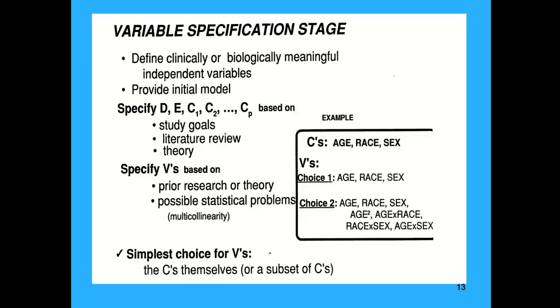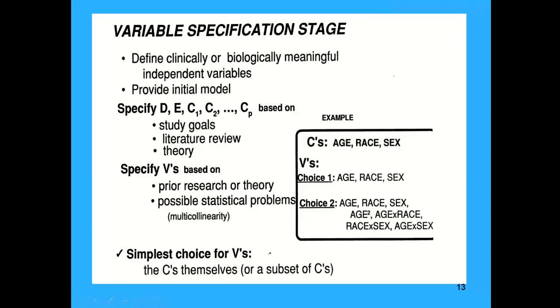You may have age and race, and you may want to put in exposure times age and exposure times race, or exposure times age times race. If age is a C and race is a C, age times race is not a C. It's a product of two C's. It's a V, and if you put it in the model as a product term with the exposure variable, it becomes a W. You have to think about all the things. You have to get that down pretty clearly. So that's the variable specification stage.